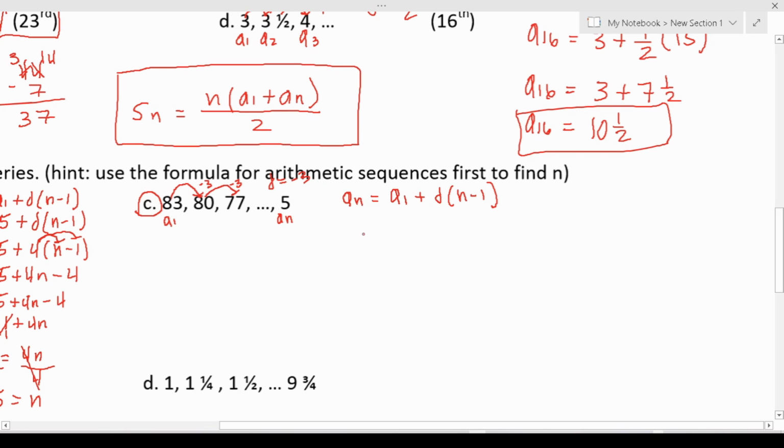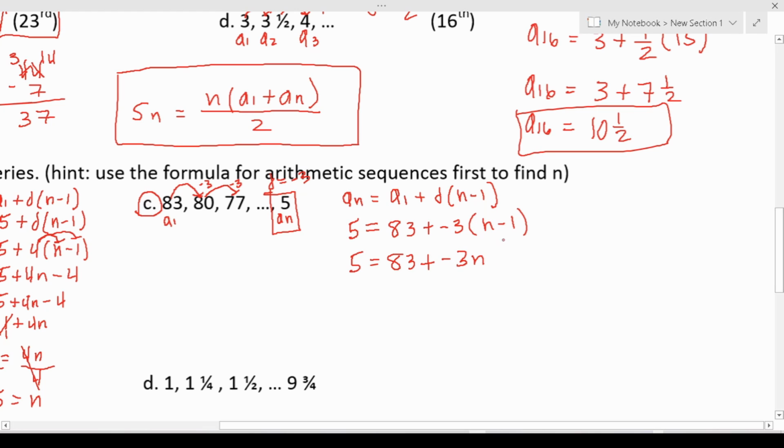All right, with those things identified, we can plug things in. And again, in case it's not obvious, we know a sub n is 5, so that's going to be 5 equals a sub 1, 83, plus the common difference, which is negative 3, times n minus 1. This is 5 equals 83 plus negative 3 times n, which is negative 3n.